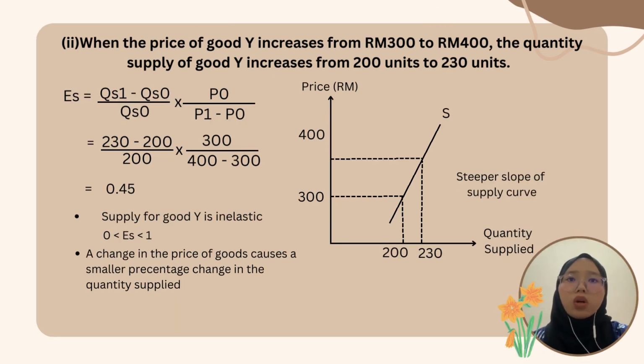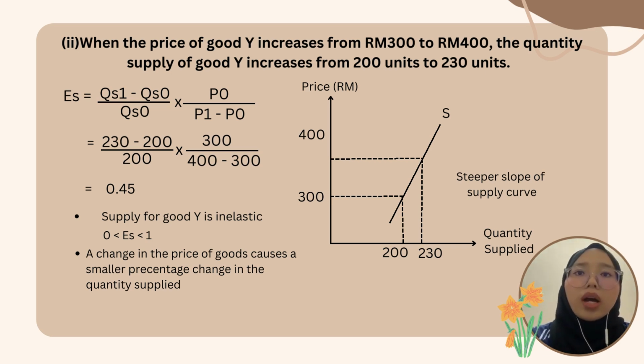For question 2, when the price of good Y increased from 300 ringgit to 400 ringgit, the quantity supplied of good Y increased from 200 units to 230 units. Using the formula, we need to find quantity supplied 1, which is 230, and quantity supplied 0 is 200, price 0 is 300, and price 1 is 400.